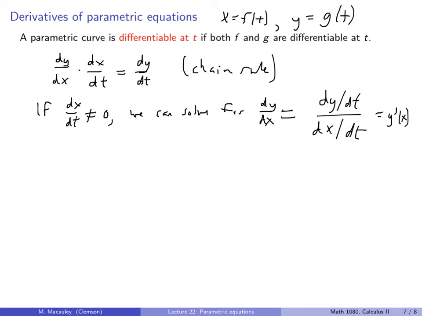Let's take a moment to think about what this means. Let's think of our curve as being the path of an ant.